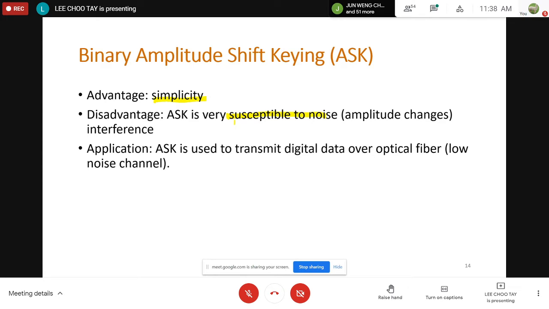But compared to AM, it's not as bad, because you only have two levels: you have a carrier, or you don't have a carrier. If your carrier amplitude is relatively large compared to noise, this system can still perform quite well. Therefore, ASK is normally used to transmit digital data over optical fiber, because optical fiber has very low noise.